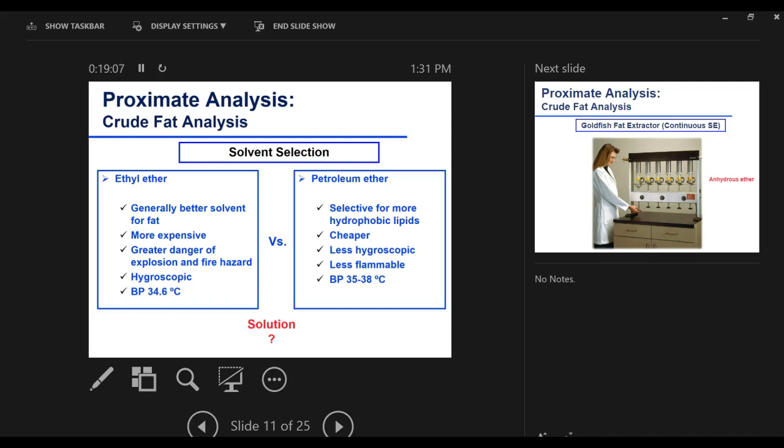Use them in combination. If we use them in combination, we can extract, in general, most of the lipids, and we get somewhere in between expensive and cheap. And we get the hygroscopic and less hygroscopic quality in the middle. So that's why in the Mojonnier method we use both ethyl ether and petroleum ether so that we can get the benefits of both together.